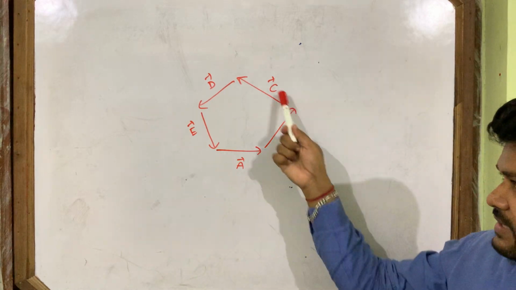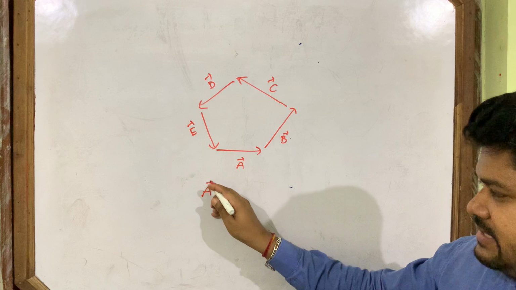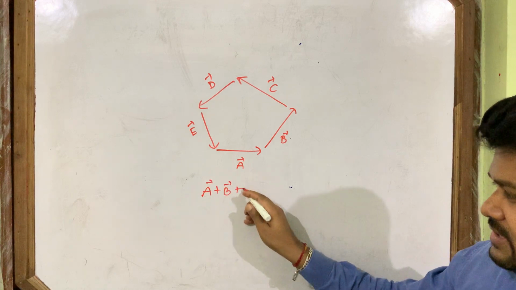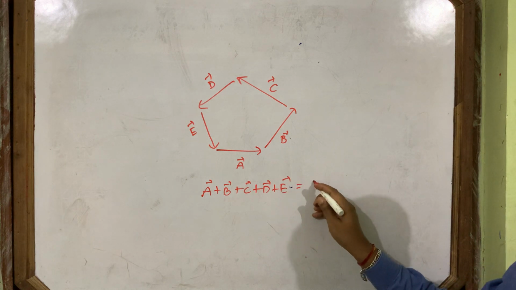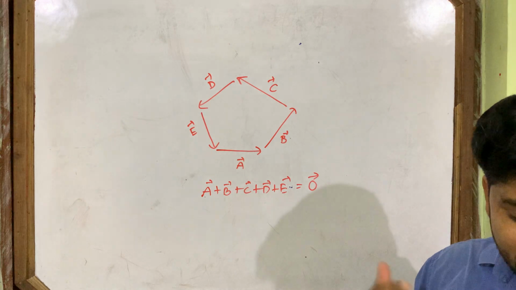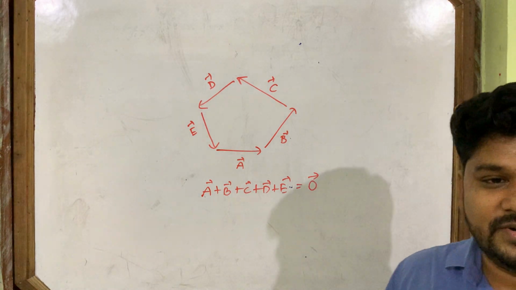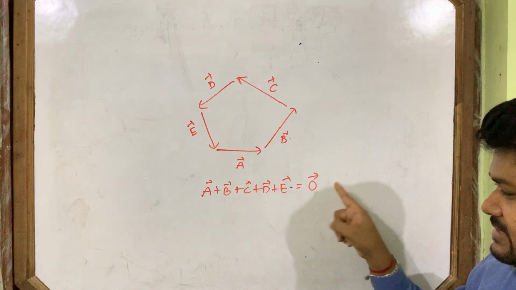So all are in the same order. What is the addition of all these vectors? A plus B plus C plus D plus E, sum is equal to 0. Just like the triangular law, this sum is also equal to 0. If you add these vectors, you will get 0.